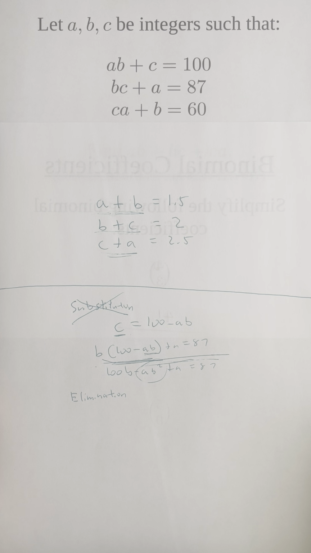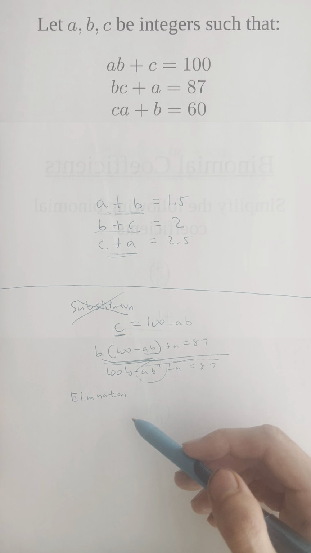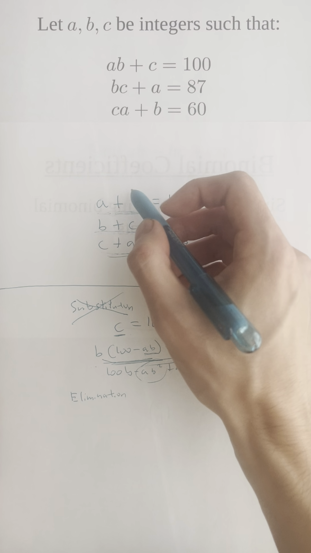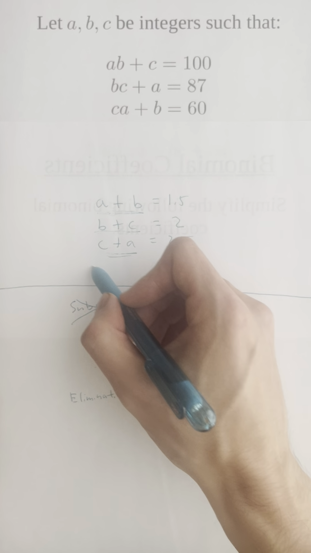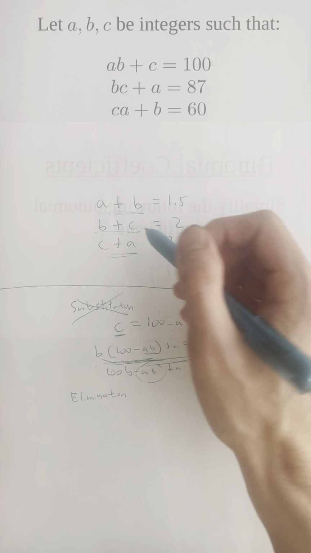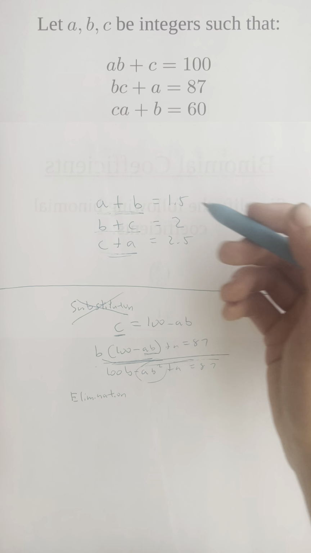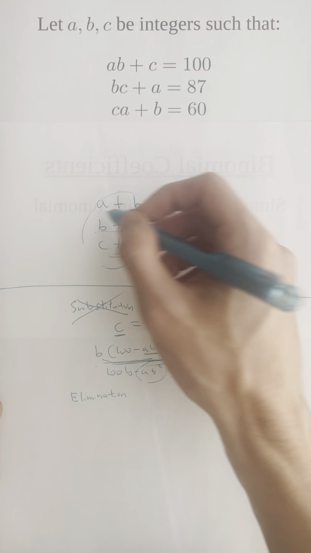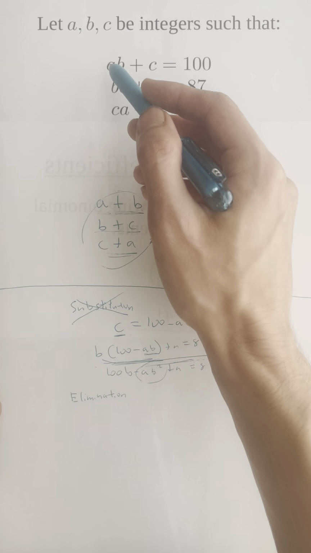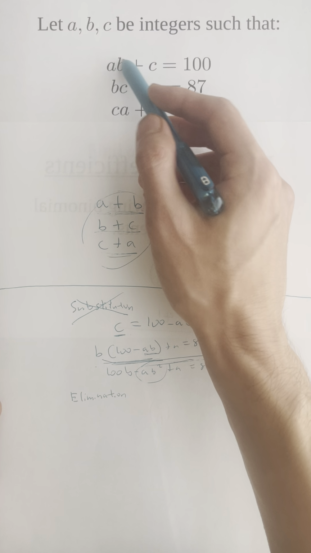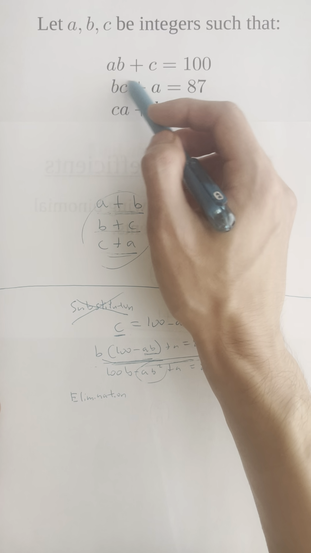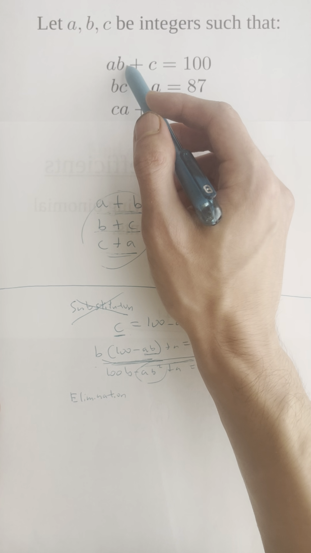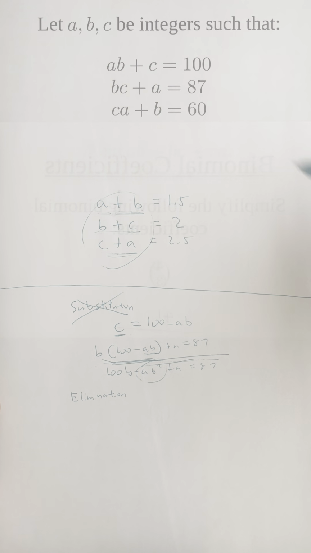So maybe we should explore elimination then. So what would elimination look like? Remember, our goal here is to get linear factors, or to get linear terms at least on the left-hand side of the equation. It doesn't have to look like this, but we just don't want the left-hand side to be nonlinear.